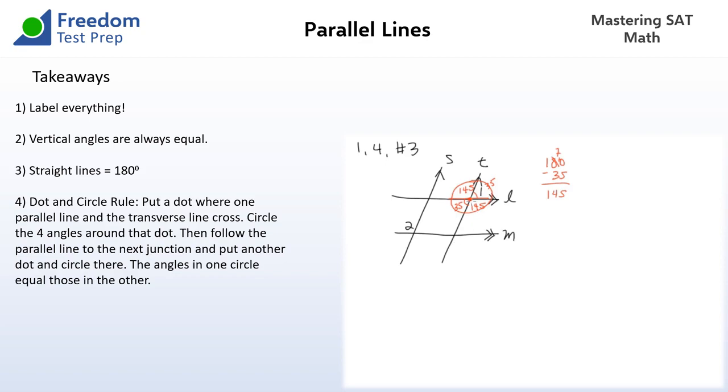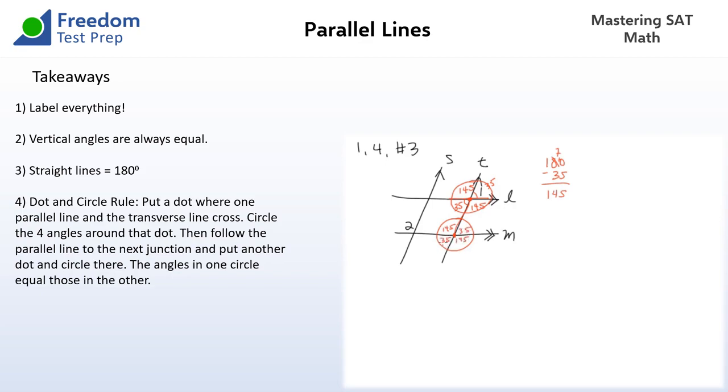Here we have a couple of sets of lines, so that's okay. I'm just going to go down this transverse line until I hit the next parallel line. I put a dot there, I put a circle there, and this circle is going to be exactly equal to this circle, right? So I just fill in here the same exact numbers.